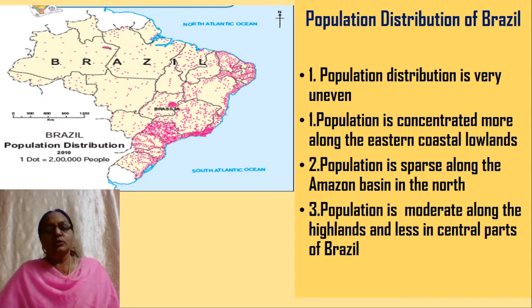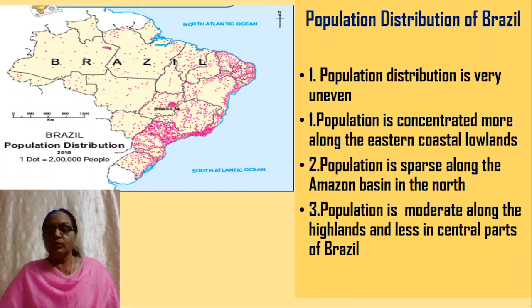You'll find the density of population in Brazil is more along the eastern coastal lowlands because agriculture, industries, etc. are very well developed here.